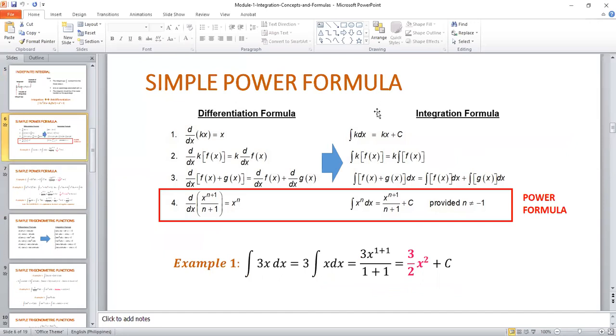Now, the key to finding the integral of any function or group of functions for a given integral to be processed is sometimes starting with the power formula. So if it cannot be really processed purely by the use of the power formula, that's the time. So I always say to my students, that's the time that you will have to think if there are still other formulas that are applicable to your given function.